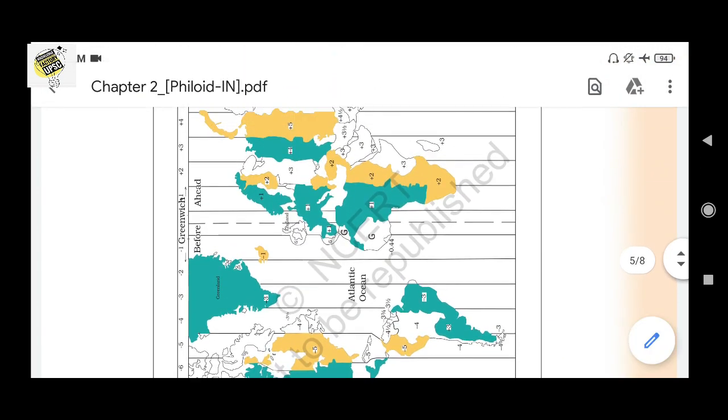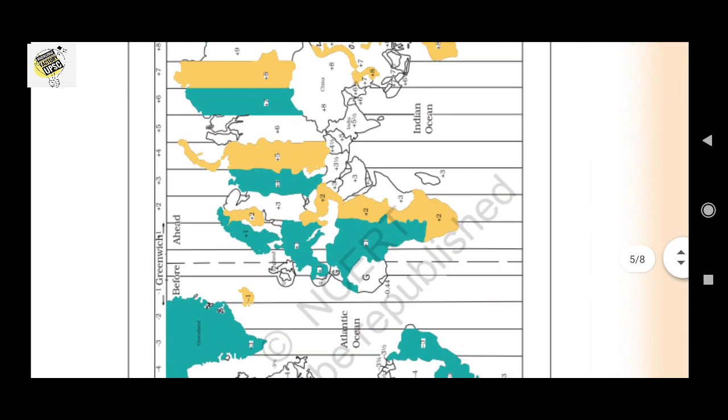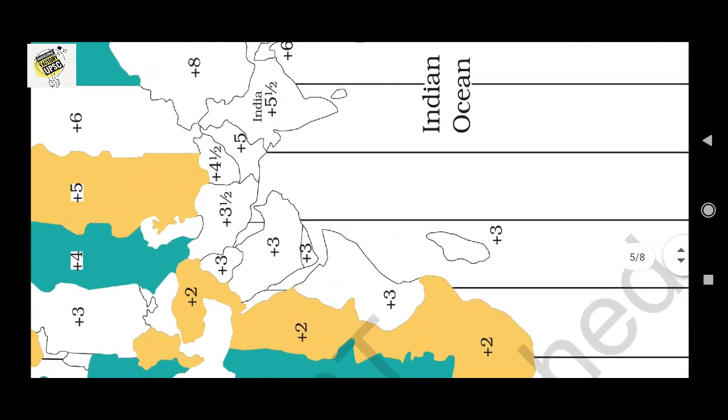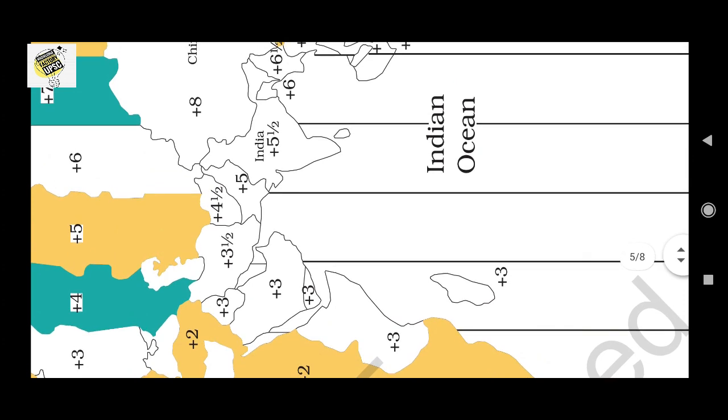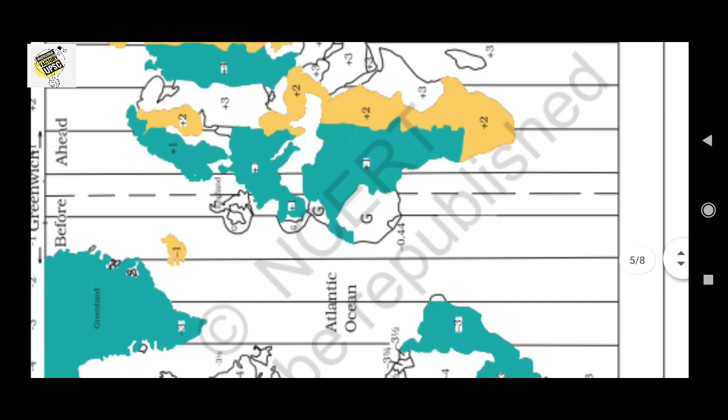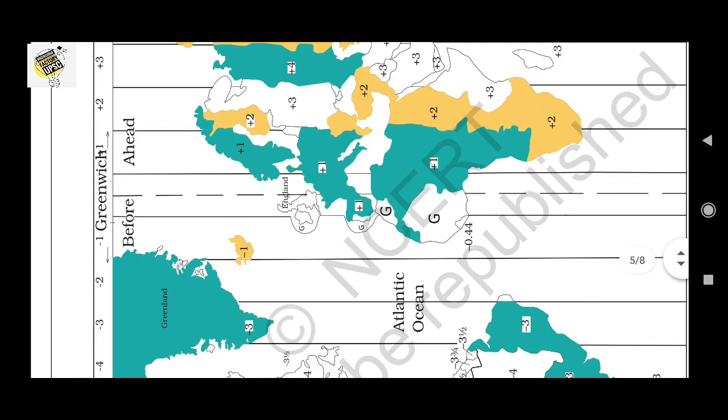When we look at this map, we can find the location of India. There it is written as plus 5.5, which means from the Greenwich line of 0 degree. There we can find the Greenwich line passing through England, where the Royal Observatory is located, and it is 0 degree.